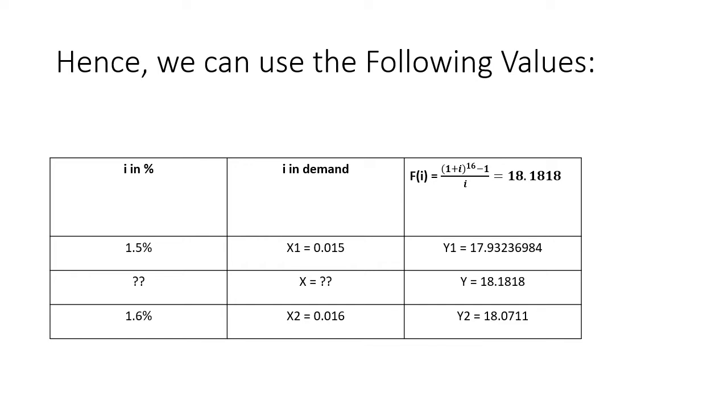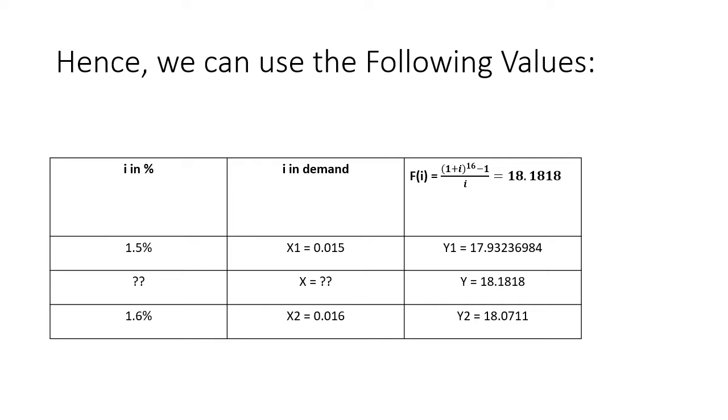So here in this instance, x1 will be 0.015, y1 will be the value substituted from 0.015 in place of I in the equation, and x is simply unknown, that's what we are looking for, and y is given in the question itself, which is 18.1818.